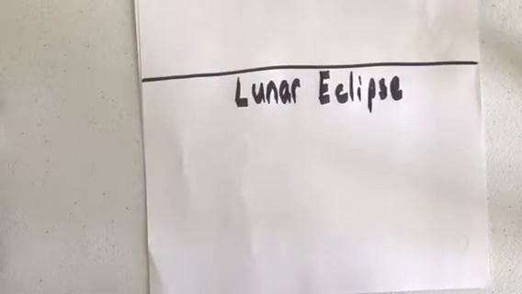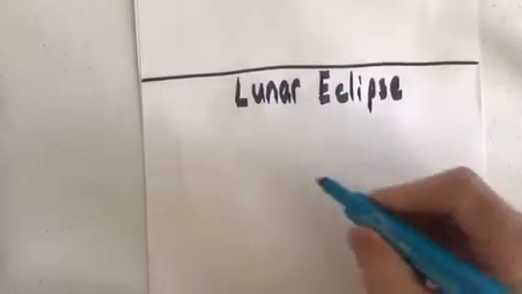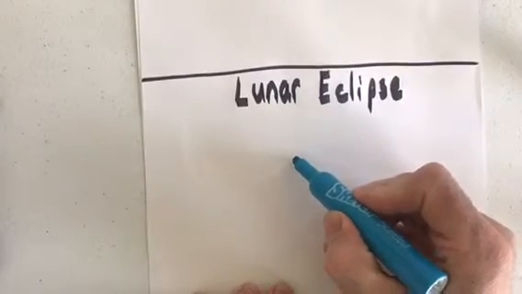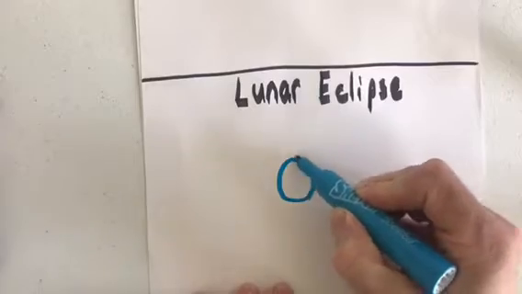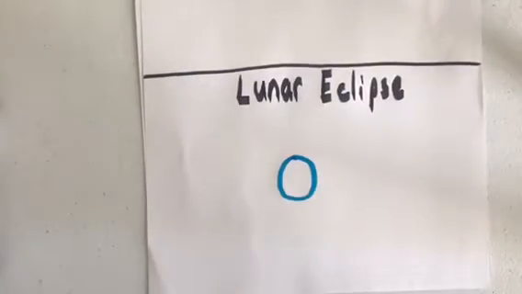There are three objects that we have to draw for each eclipse. First one we're going to draw is Earth. Put a little green in there.